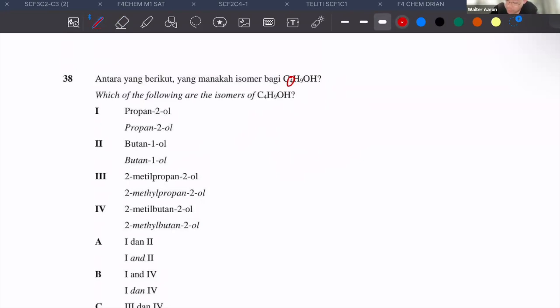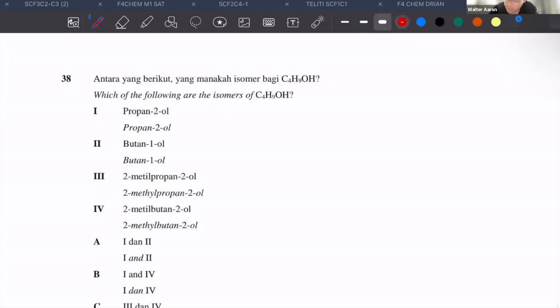Propan-2-ol will be C3. I think most of you would like me to draw anyway. I'll use a simplified structure then. So that would be CH2. So as you can see over here, there are technically 3 carbon atoms only, so this cannot be the answer.